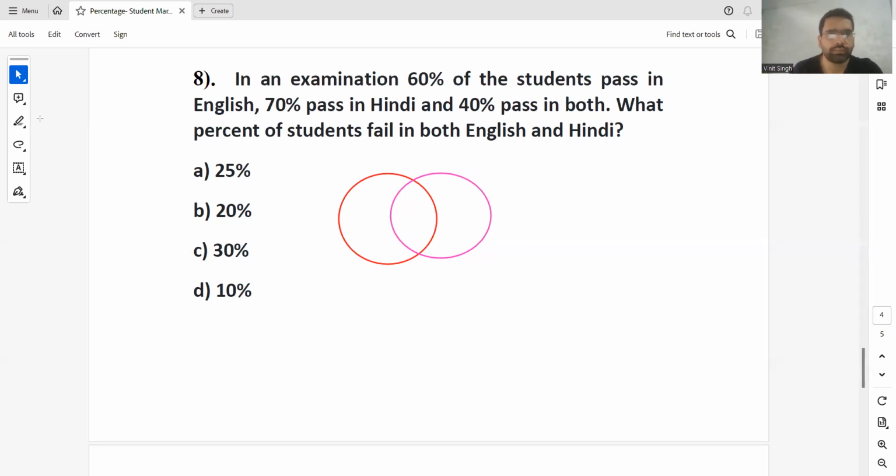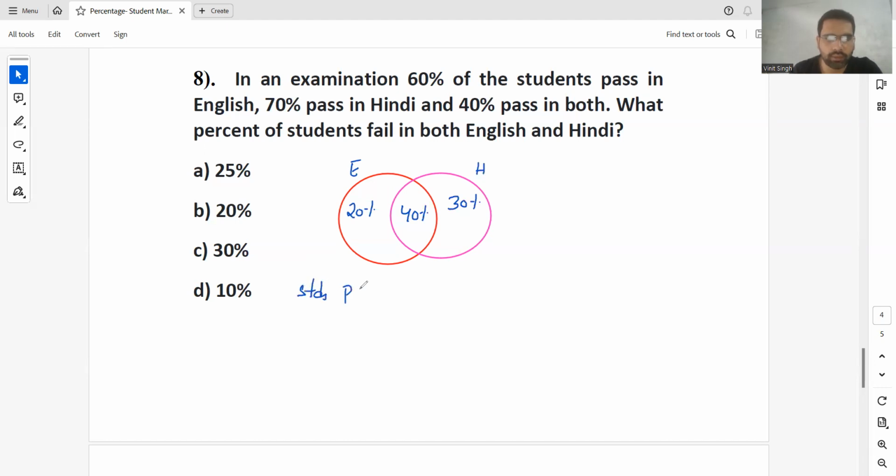Now, here 60% pass English, 70% Hindi, 40% both. English and Hindi, 40% in both. Now, total number of students who pass in English is 60%, 40% is already occupied, remaining is 20%. And pass in Hindi is 70%, 40% occupied, remaining is 30%.